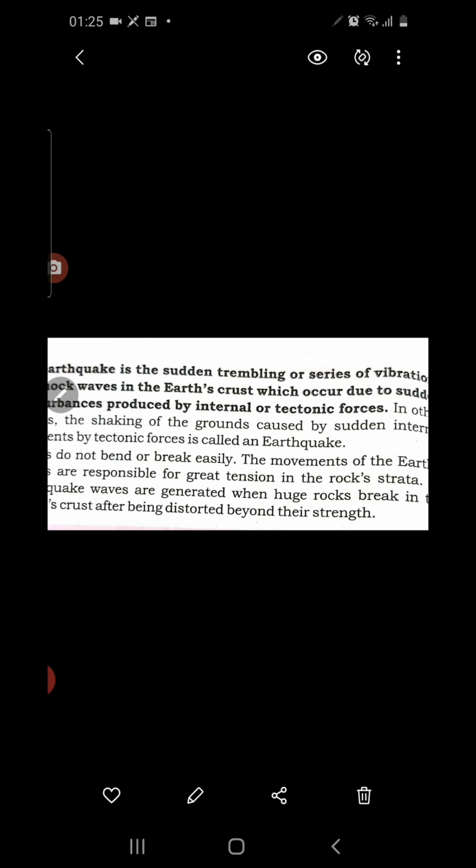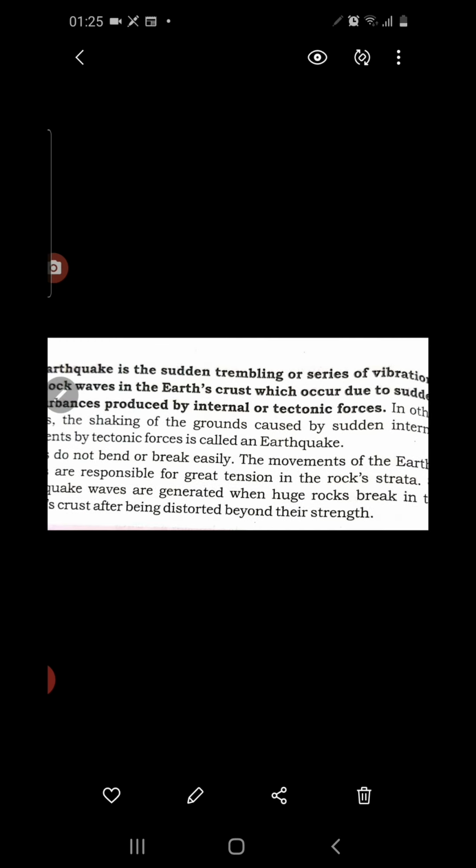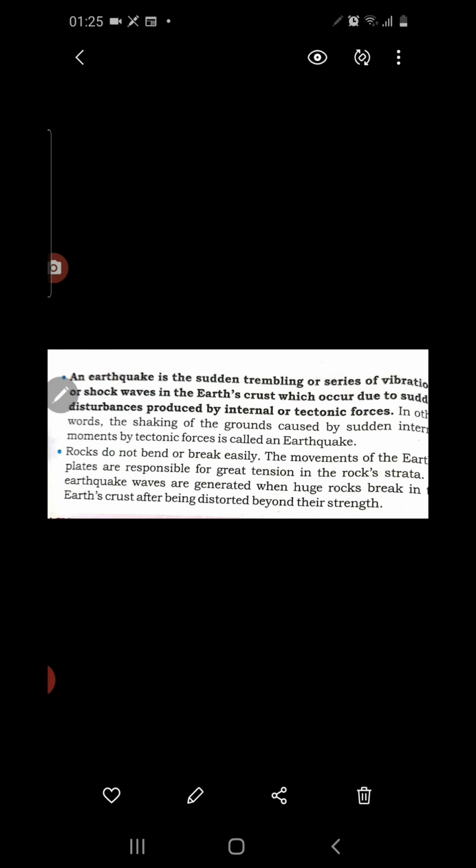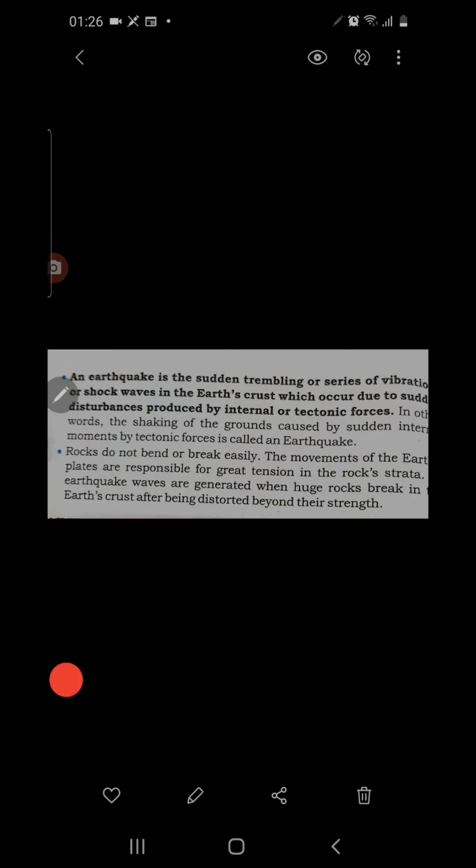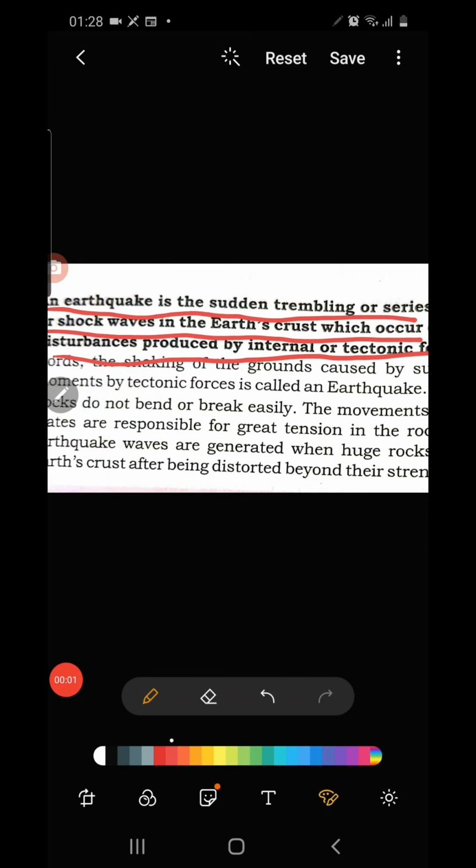So due to the movements of the tectonic plates and the convection currents under the earth, sometimes there occur trembling, vibration or shock waves in the earth's crust, which causes the disturbance produced by the internal or tectonic forces. This is called what? Earthquake. So you need to underline this definition and study.